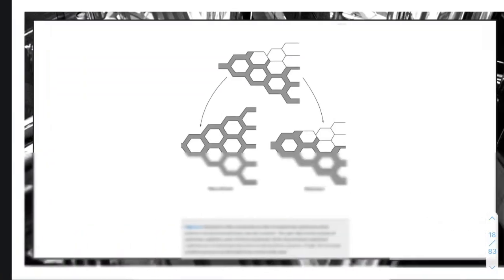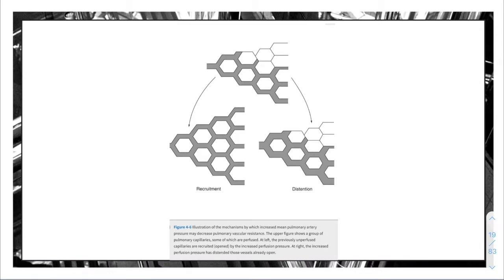You have your recruitment and distension. So you can recruit other capillaries that are not yet used and distend your capillaries. In doing so, you can decrease your pulmonary vascular resistance in response to your elevated blood flow and perfusion pressure.